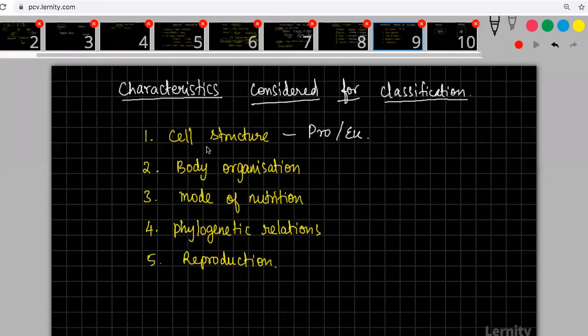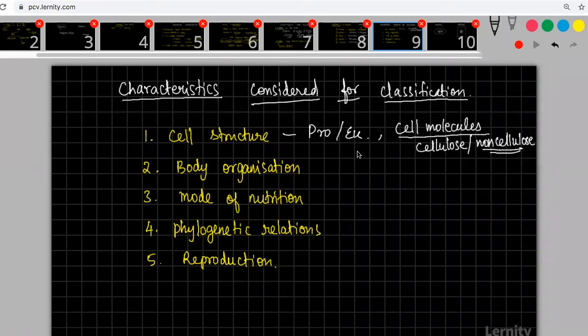So he was trying to classify them and what kind of cell structures are there. Cell molecules are making it, whether it is made up of cellulose or whether it is made up of non-cellulose. Like that, he was trying to classify based on the chemicals making it also.